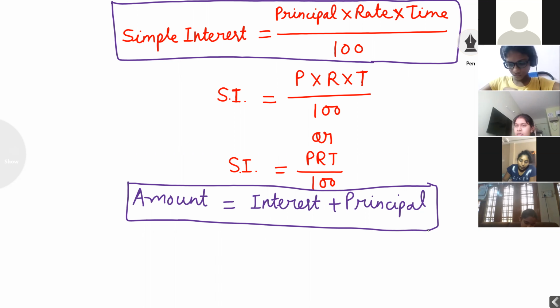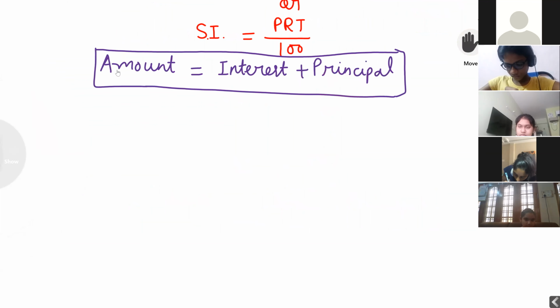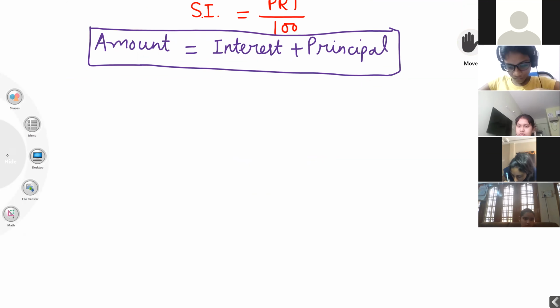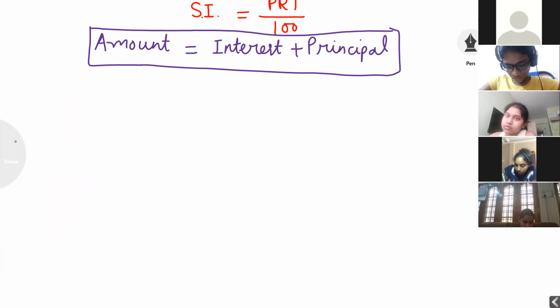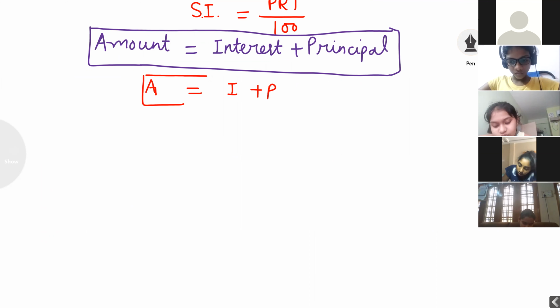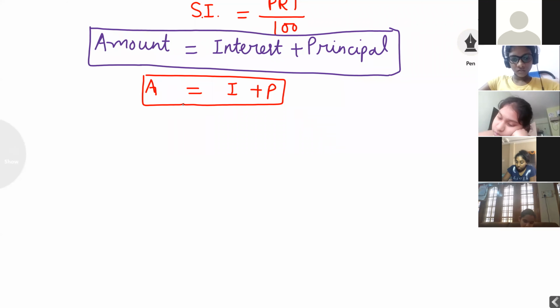Now with the help of this formula, we get two more formulas. This is the first formula: amount is equal to interest plus principal. A is equal to I plus P. I or SI are both the same. Don't confuse, students.